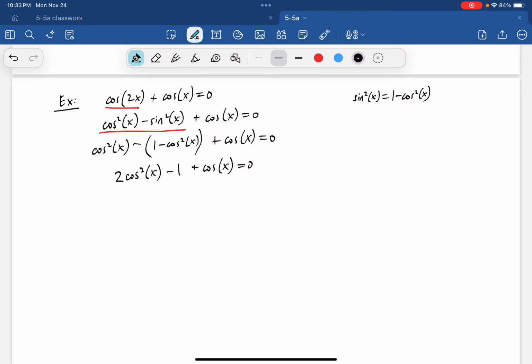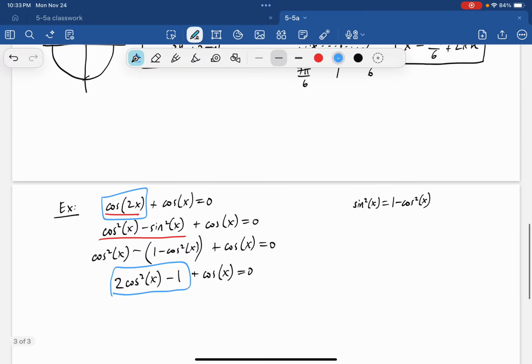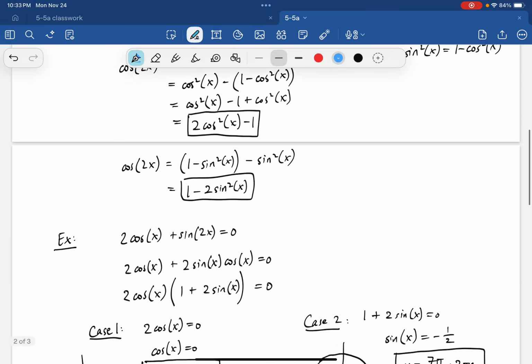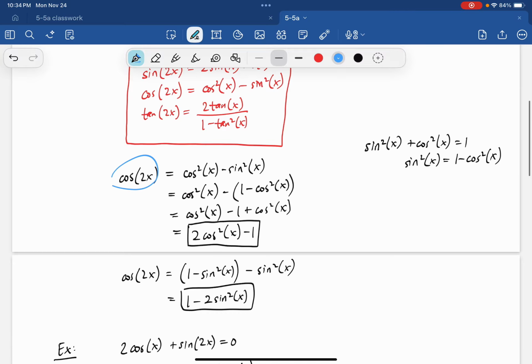Interestingly, at this point, you may have realized that this was one of the double angle formulas that we had above, right? Cosine 2x equals 2 cosine squared x minus 1. I simply took the circuitous way in getting that formula, when in reality, I could have just looked at my notes and realized that cosine 2x equals 2 cosine squared x minus 1.